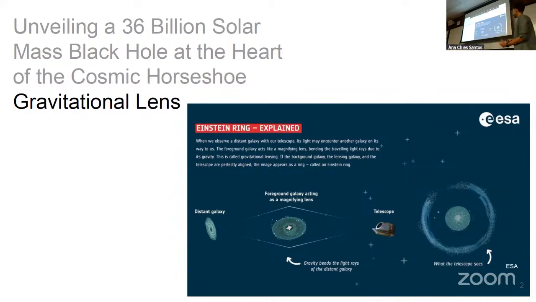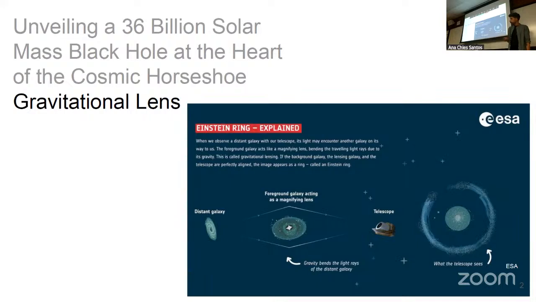The light rays coming from the source galaxy, which is this galaxy, the most distant one, once they cross the neighborhood of the lens galaxy, will follow this curved space-time, and we will be observing the source galaxy in multiple positions in the sky, and also in a distorted way, just like this figure right here. So this is how we are observing with our telescope this source galaxy right here.